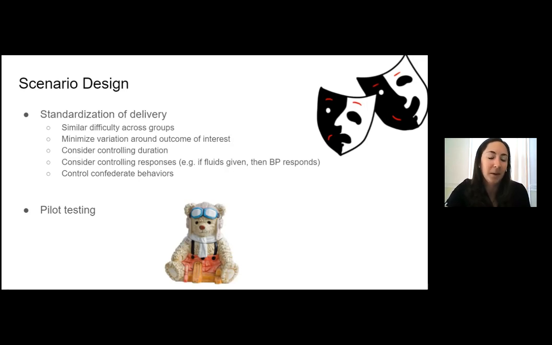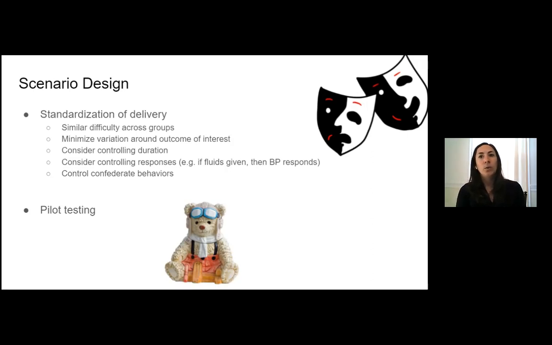And then another thing to consider is controlling the confederate behaviors, because frequently we have people in the room that are not the participants or the learners, but they're there to facilitate the progression of the scenario. So you may have someone who is playing a nurse or parent or whatever.